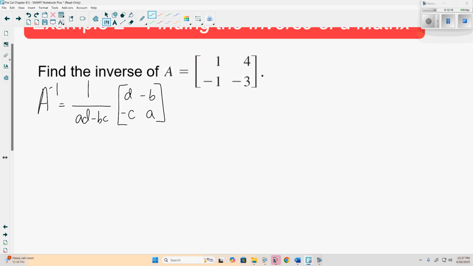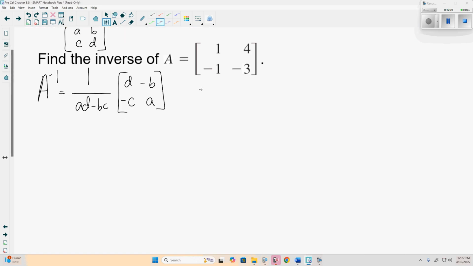So for this here, and again, this is going back to our matrix A, B, C, D. And if we use it on this here, A inverse, 1 over, so we have AD, 1 times negative 3, minus BC, those there, times the matrix.